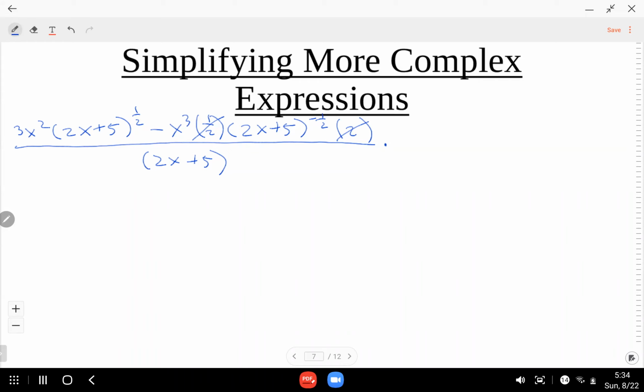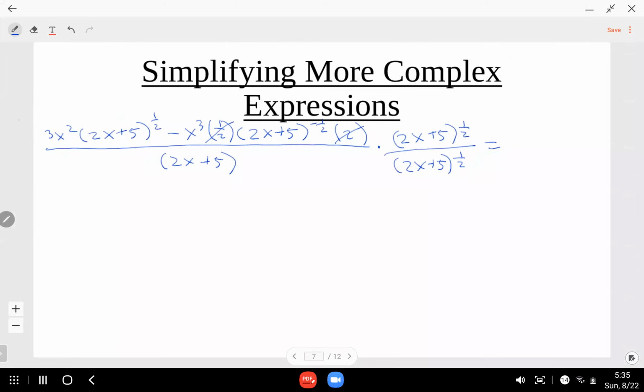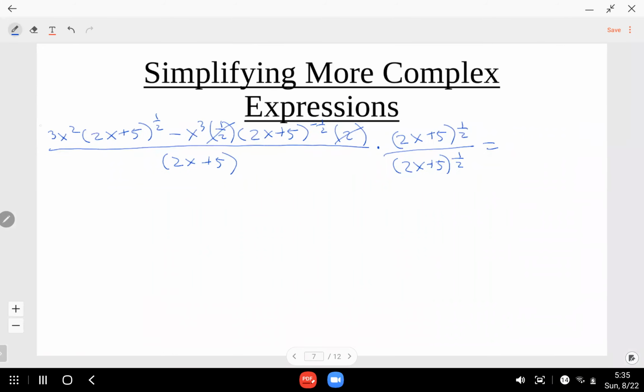Oh, what do I see here? Well, why don't we just multiply it by this? It all makes sense, right? You see any negative powers? Multiply by the positive power. So, what is this? It's distributive property.